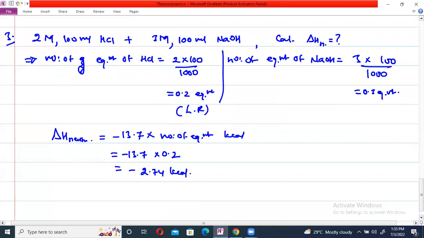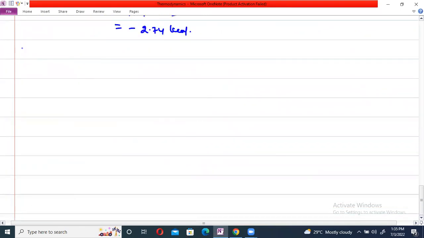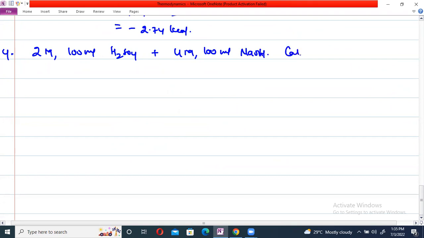But now we'll talk about a question based on the basicity of the acid. For example, I have 2 molar 100 ml sulfuric acid. It is mixed with 4 molar 100 ml NaOH. Calculate the heat of neutralization. So what to do? First get the number of equivalent of sulfuric acid.